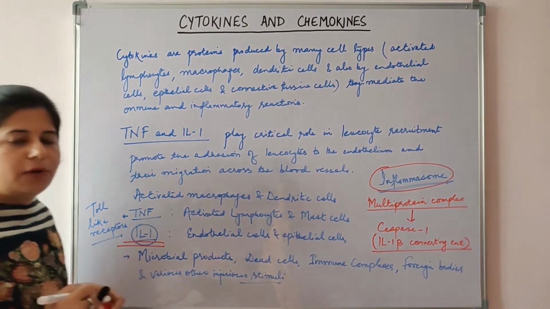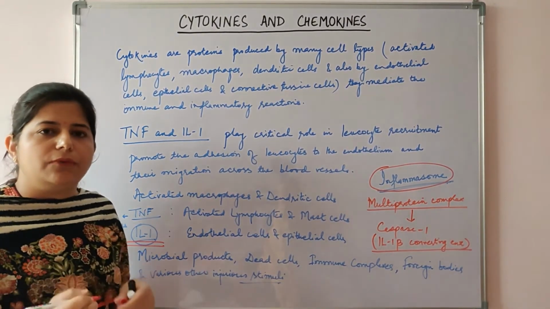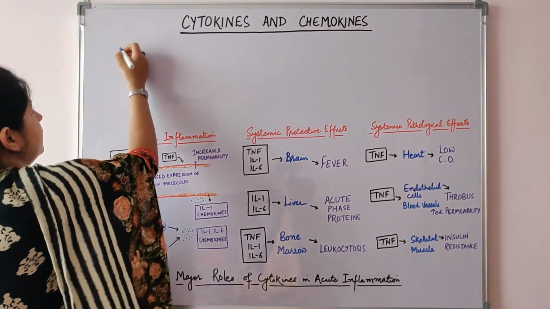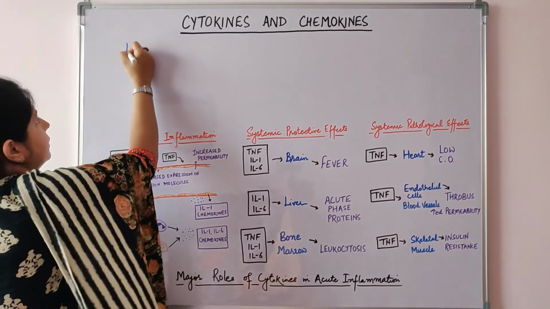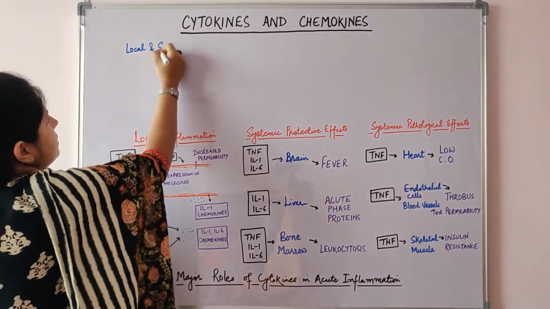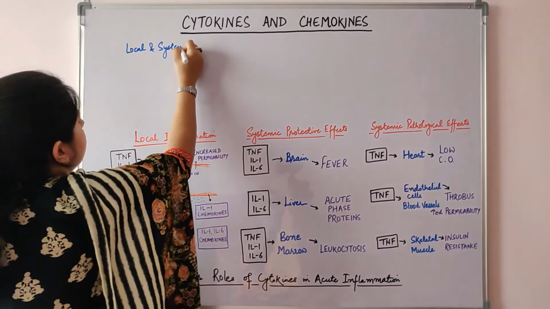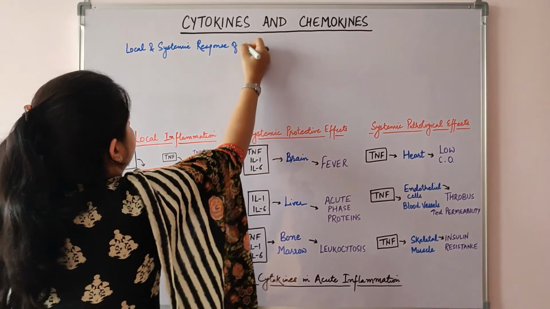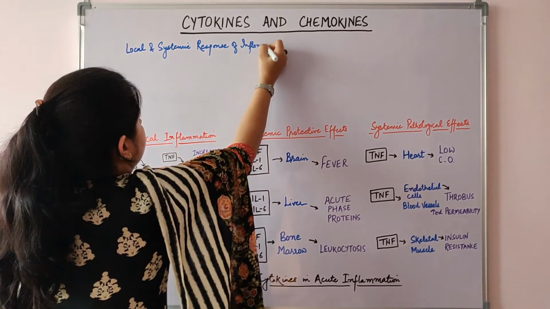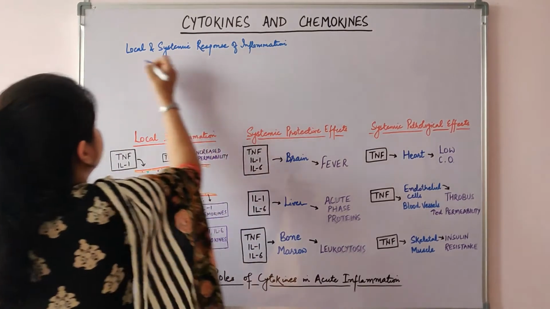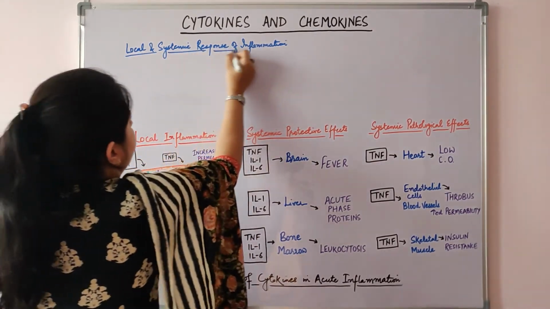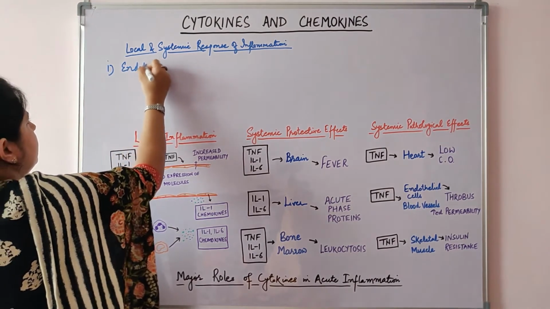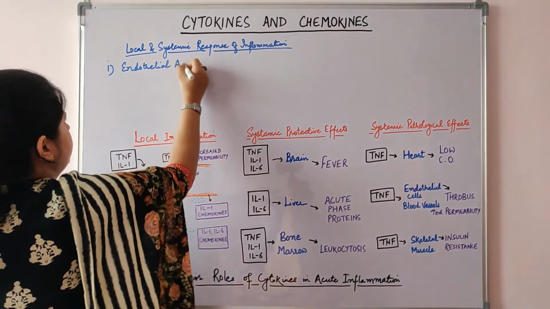Now what are the actions of tumor necrosis factor and interleukin 1 in inflammation? Both interleukin 1 and TNF play important role in the local and systemic response of inflammation. So what are their major actions? First is endothelial activation.